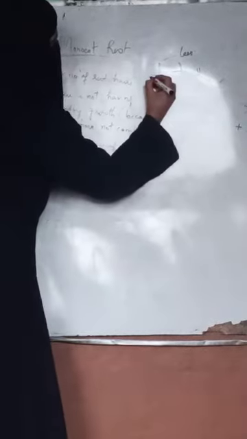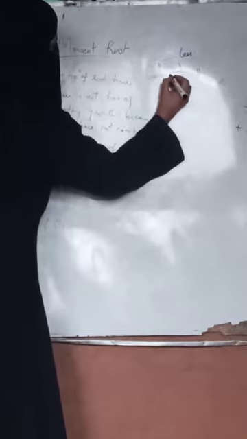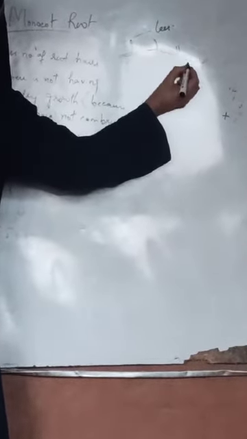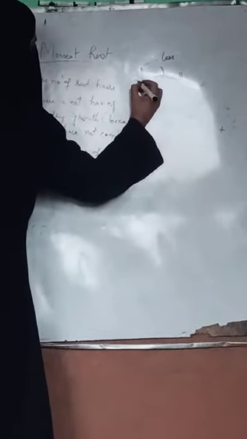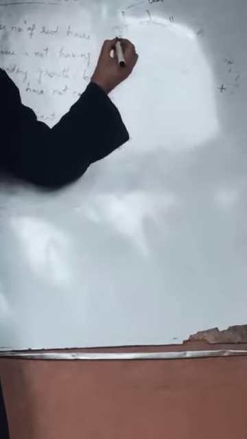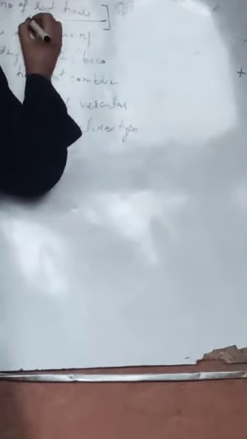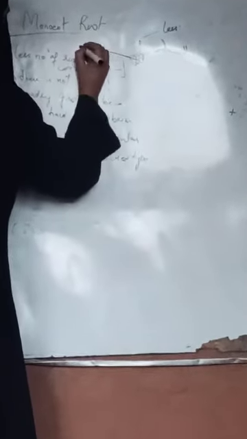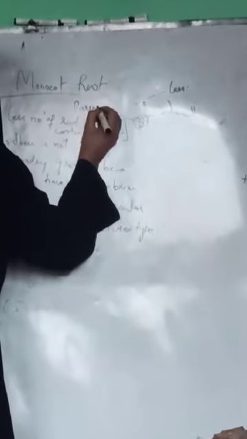Here the epidermis is also single layered and is the outermost layer. Again there are parenchyma cells, and this region is the cortex region with parenchyma cells.